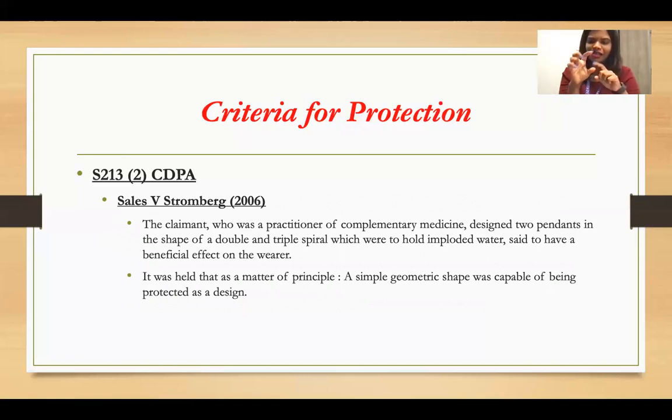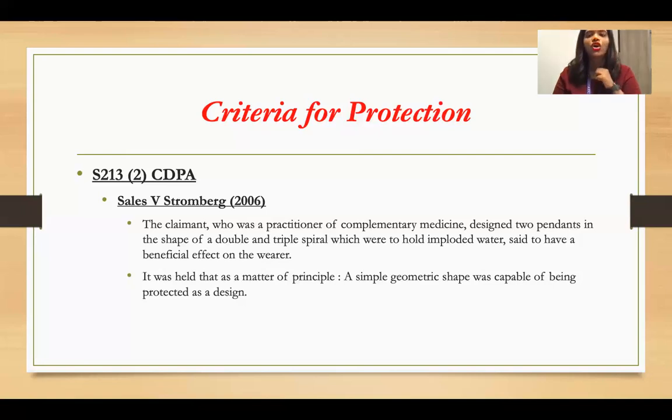So this pendant is something that they were trying to rely on. According to the claimant, if you wear the chain with the pendant, it actually amends your aura, or it throws away negativity, some sort of thing that the pendant can actually do.